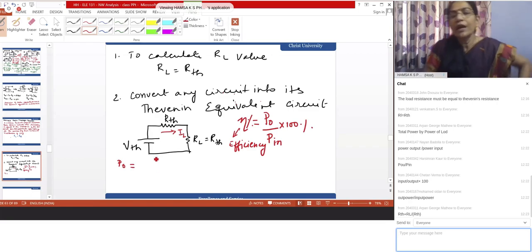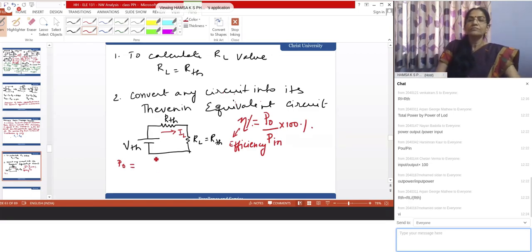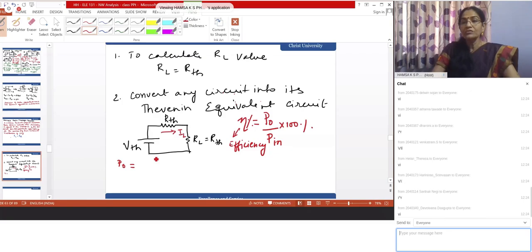How will you calculate power? V into I is one equation, yes. I squared R, correct? I squared R or V squared divided by R. Okay, so different expressions are there. Since we already have the current here, I will use that current equation only.